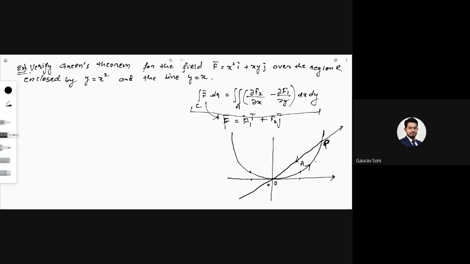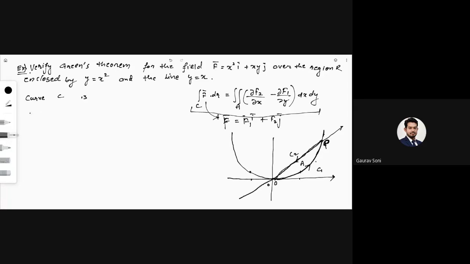So if I want to find the line integral, what I will have to do is, our curve C is the first curve C1 and C2. So we will use the curve C1 first of all to go from the origin to the point P. Then the curve C2 will take us from P to O. So that will become my closed curve.